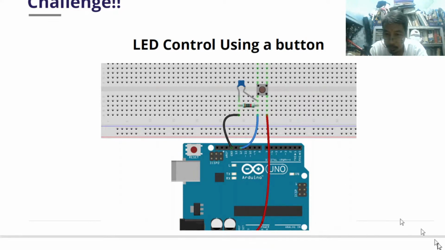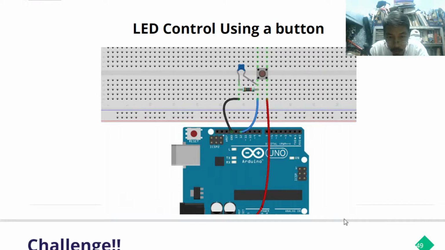This is how you have to connect it. So you have to connect the output ground. This is the ground. So this is the pin number 12. So we use pin number 12.